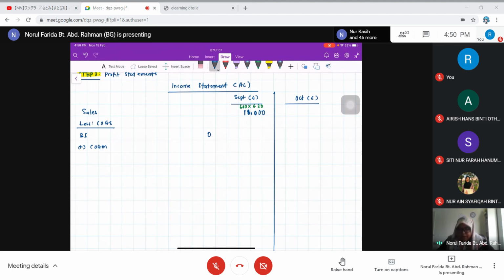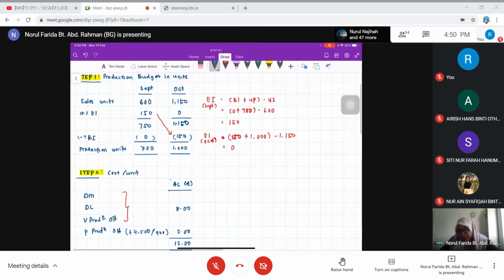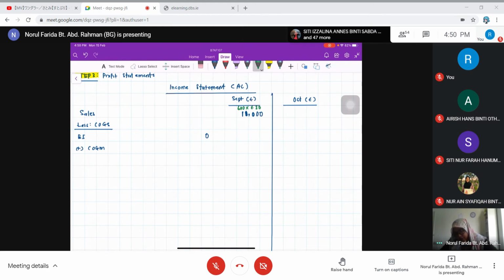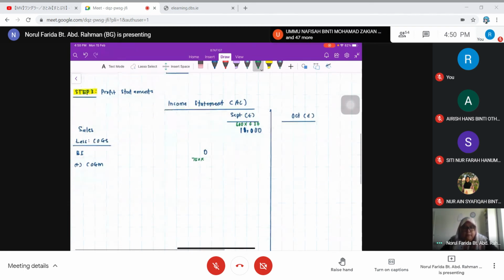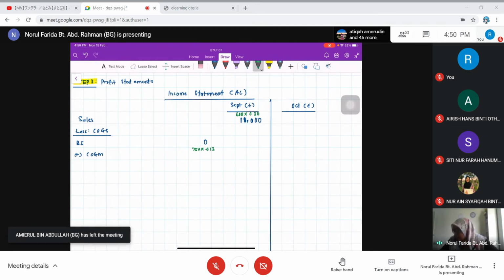Cost of goods manufactured, your units manufactured. Right, your production units for September is 750. Okay. So 750 darab dengan you punya cost per unit tadi 13. Dekat step tu 13 kan? Okay, times 13.